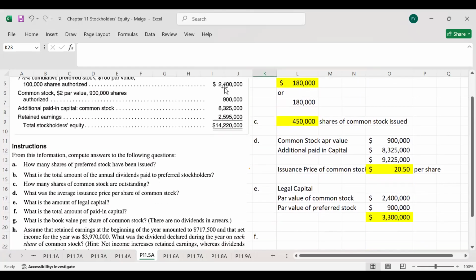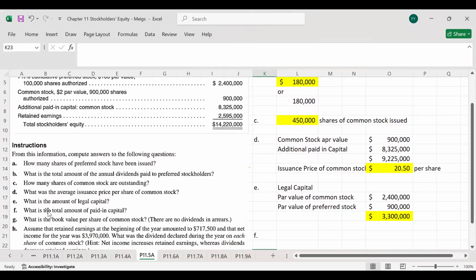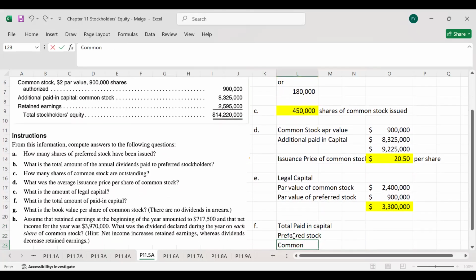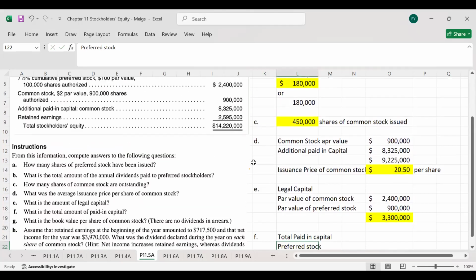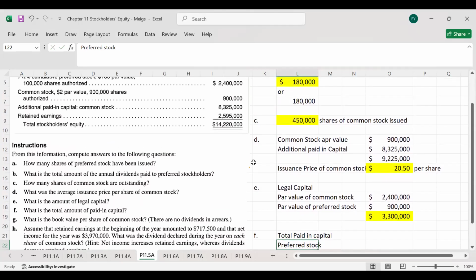So by adding these three, we get total paid in capital. So we have preferred stock, common stock, then additional paid in capital.